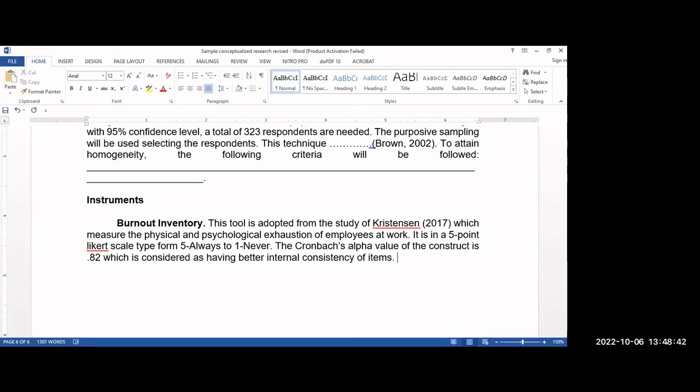So, ganyan. So, then next, pwede naman i-describe yung self-awareness inventory.